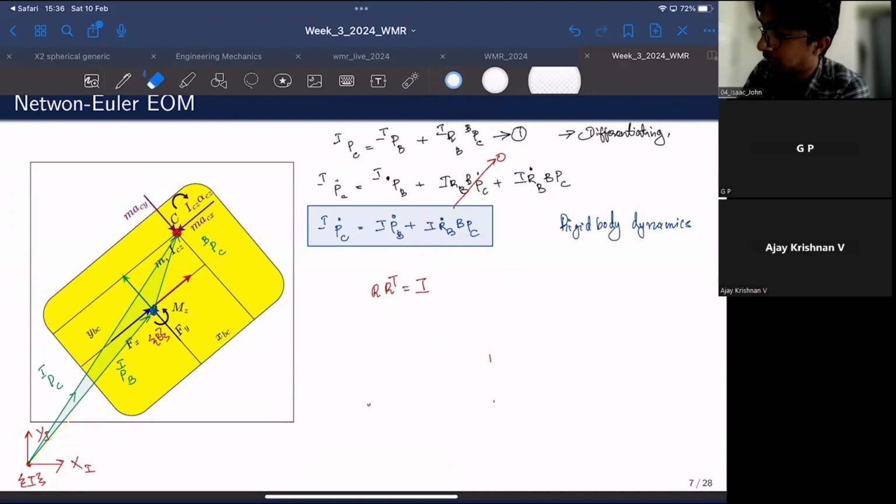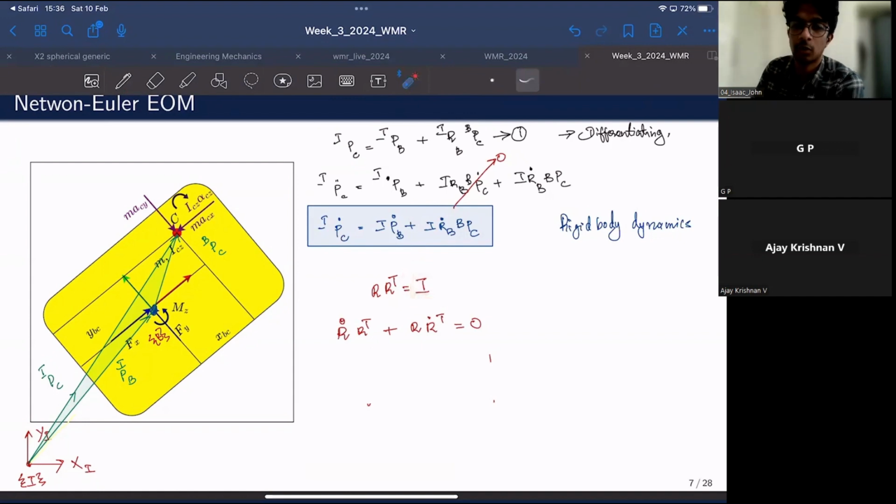If you take the derivative of this expression using the product rule, it will be R dot R transpose plus R R dot transpose. This will be 0 because the derivative of an identity matrix, which is a constant, is 0. So if you further rewrite this, you can also rewrite this as R dot R transpose.